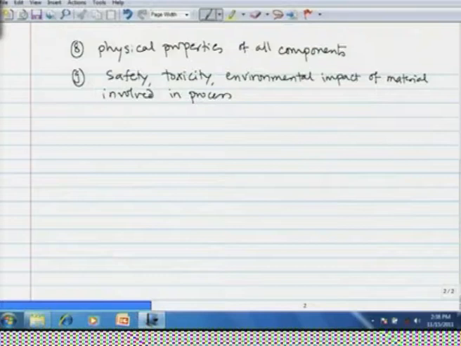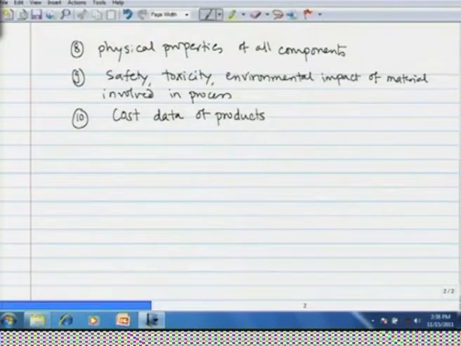And finally, the cost data of product and byproduct. Now, we shall discuss each of these 10 factors in somewhat greater detail.